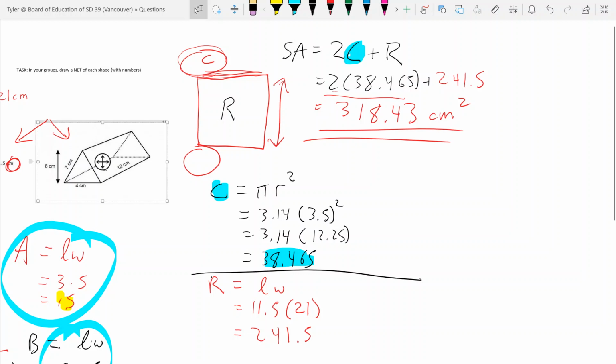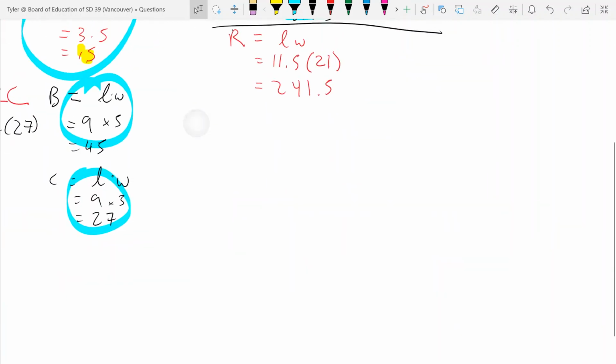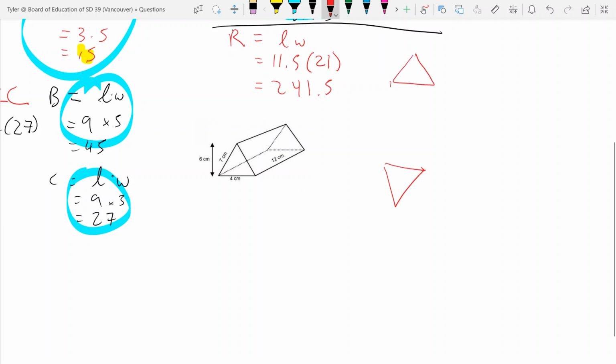All right, let's do the last one. We'll do it down here so we have a little more space. Okay, first thing I'm going to do is draw my net. So I have my triangle and my other triangle. So the triangle is 6 tall, and it's 4 on the bottom, 7 on the side.